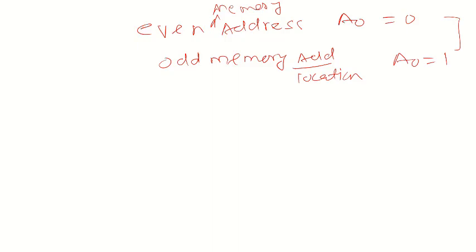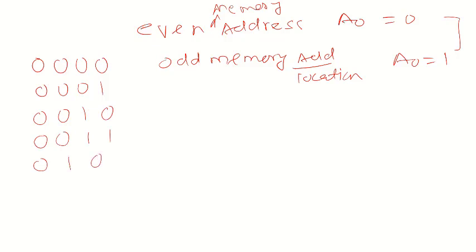You can say 0000, 0001, 0010, 0011, 0100, 0101, 0110. So this is A0, A1, A2, A3 and so on.